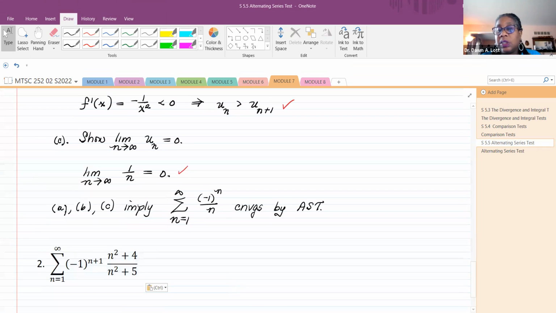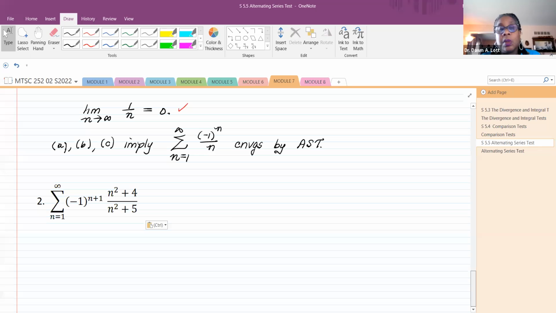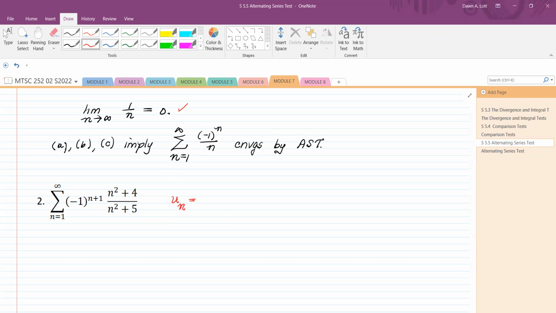All right, so in this example, what is u_n? What is u_n? Is it n squared plus 4 divided by n squared plus 5?